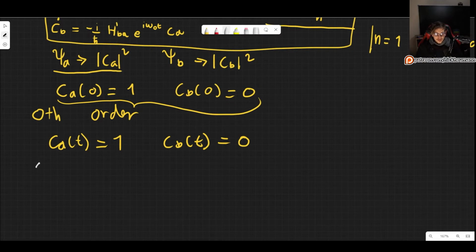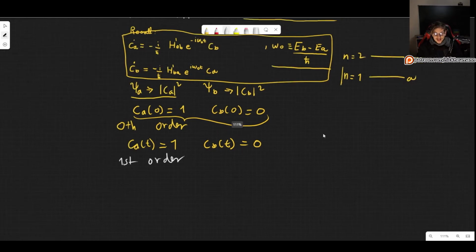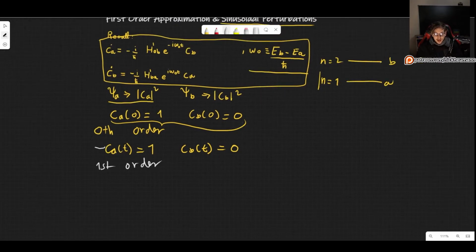Then we go to first order, and now what we do is that we take this and we plug it in. So for example, Ca as a function of time appears in this expression right there. So to first order, we see that Cb dot would be minus i over h bar, H prime Ba, our perturbation, e to the i omega 0 t, and then Ca as a function of time, which we know is 1.